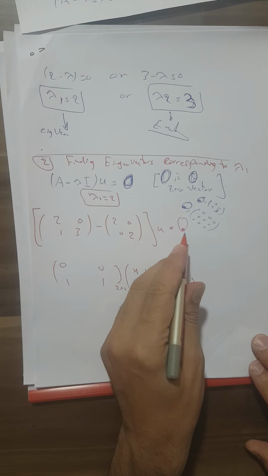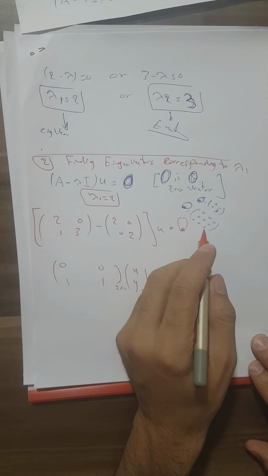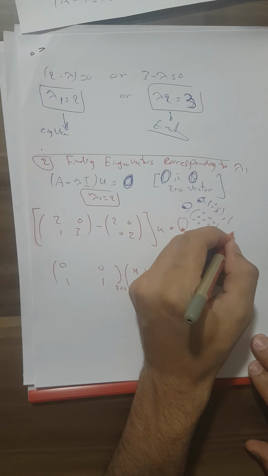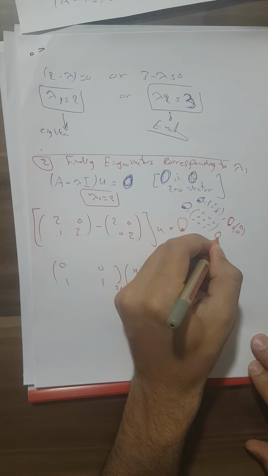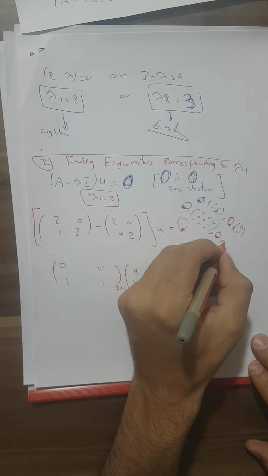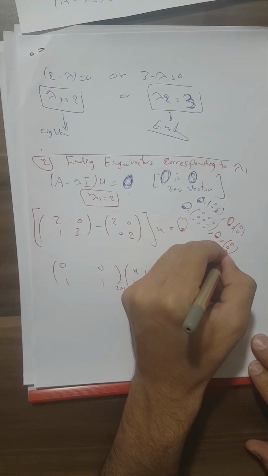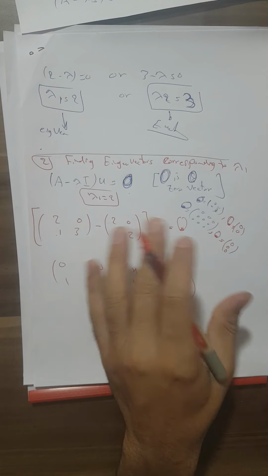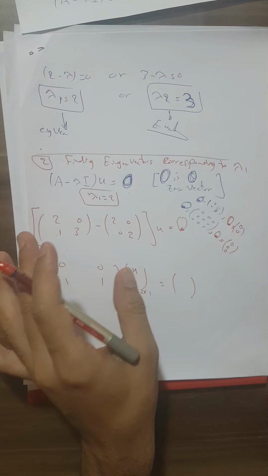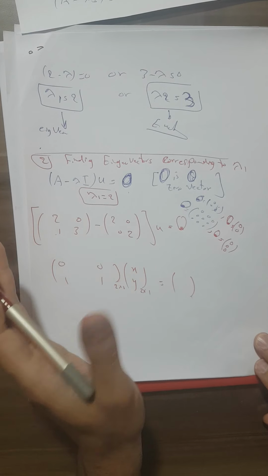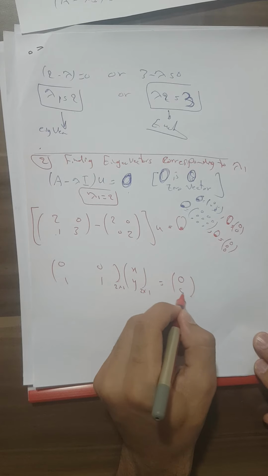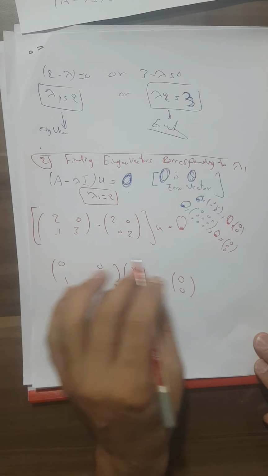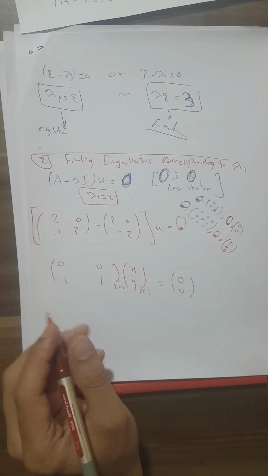And how about the 0? The 0 means that we have the vector 0, 0, because this is my unknown vector u.